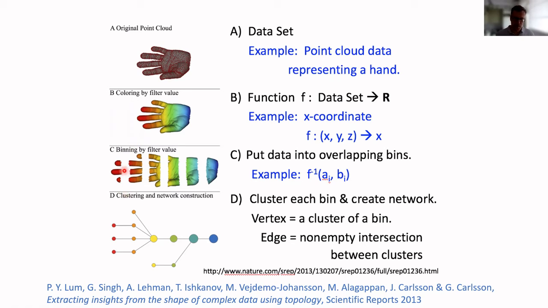So this is easy. I cluster, and then I get a graph. Each cluster becomes a node, and I have an edge in the graph if two clusters overlap. So this is a graph representation of my original point cloud.